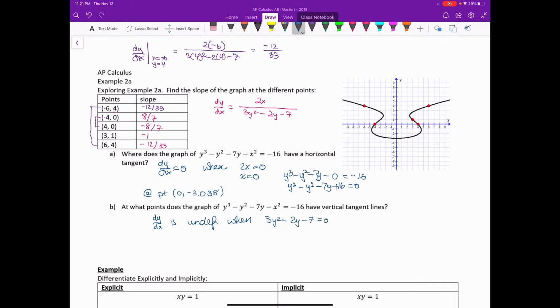I have 2 ways of doing this then. I could either solve using the quadratic formula, or I could use my grapher on the graphing calculator, or I could use the solver on my graphing calculator if I would rather have that, and then find the coordinates for those.